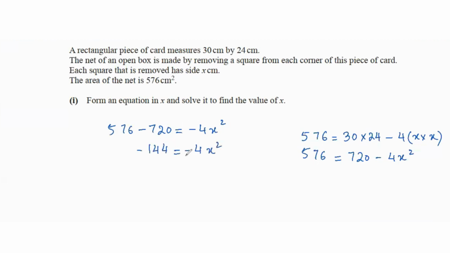So now we can cancel out the minus signs and divide 144 by 4, which is going to equal 36. Now to find the value of x, I'm going to square root 36, and that gives us x. And that gives us 6 centimeters. So that is the side length of the square.